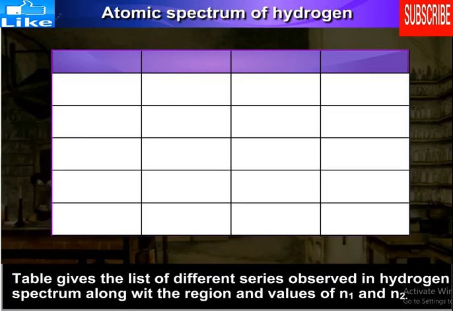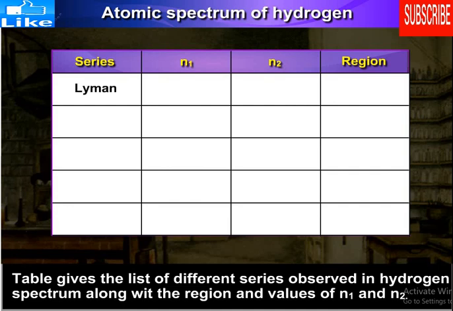Table gives the list of different series observed in hydrogen spectrum, along with the region and values of n1 and n2. Different series of hydrogen spectrum.